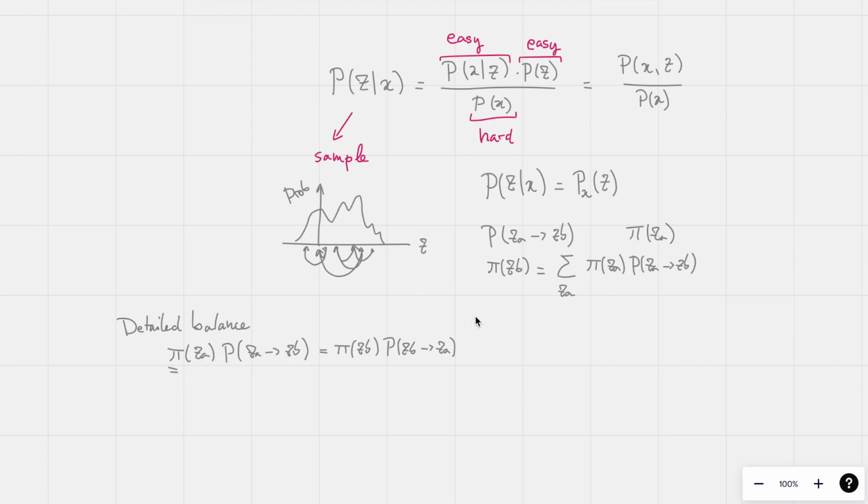We write the condition for a distribution here to be the stationary distribution of a particular process. So sum over ZA of pi of ZA times the probability of moving from ZA to ZB, and we just substitute here the terms using the detailed balance condition, and we obtain that this is the same as the sum over ZA.